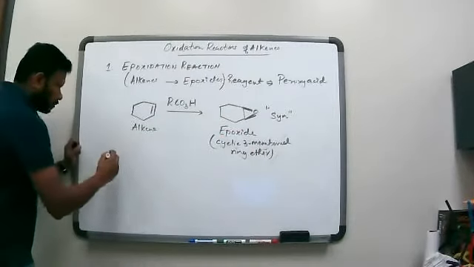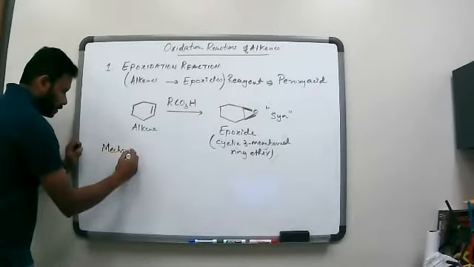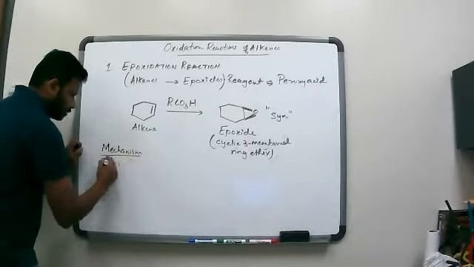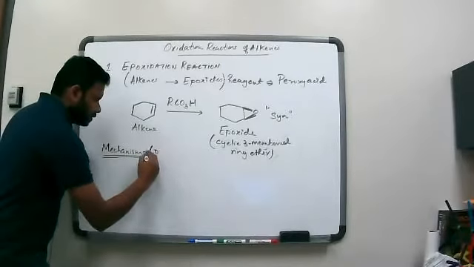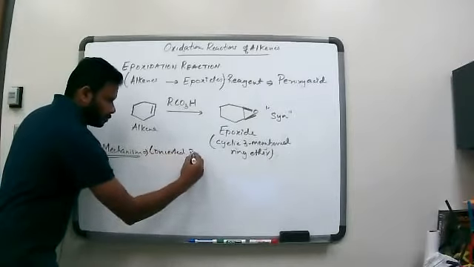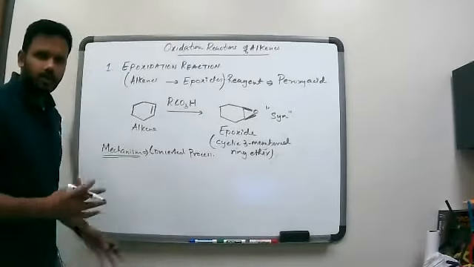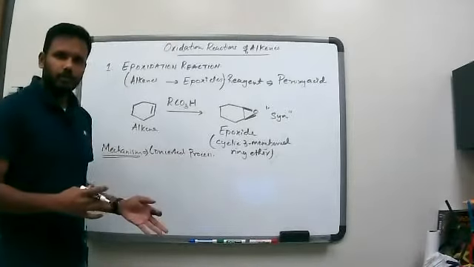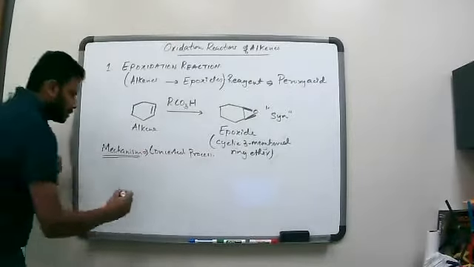Now, what is the mechanism of this reaction? This is another example of a concerted process. That means everything happens in one step. All the bond forming and bond breaking events take place in one step simultaneously.